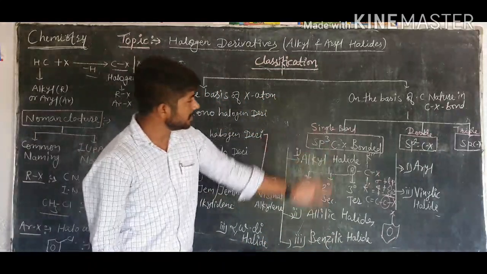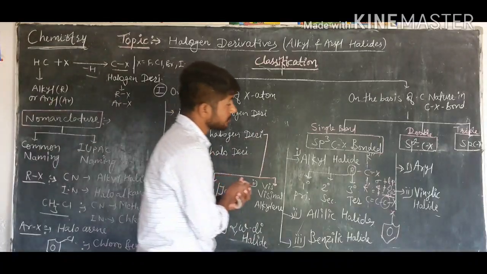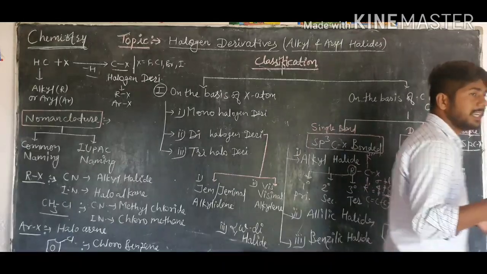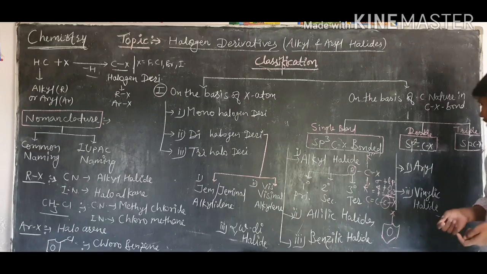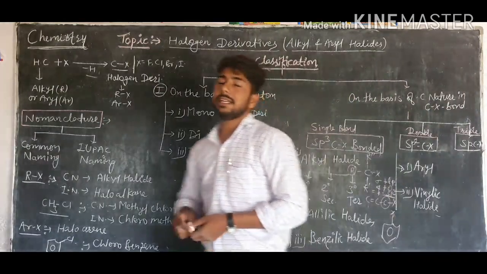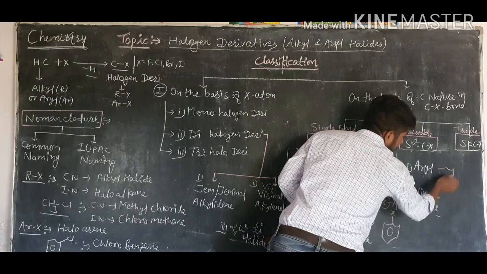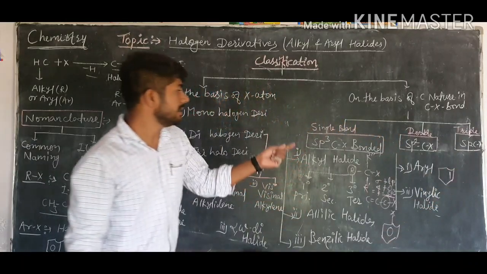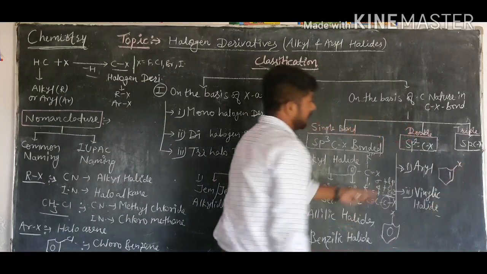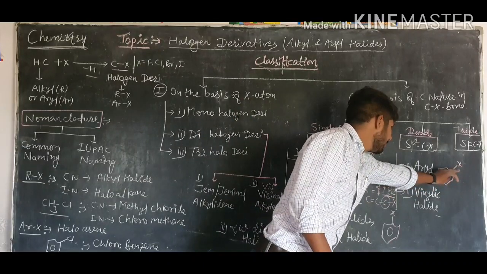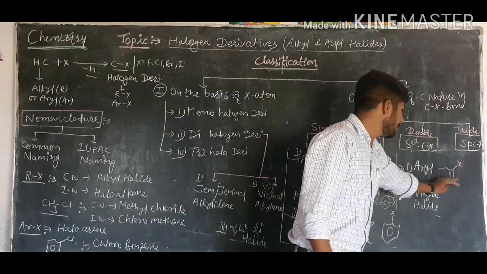Like this, the second type is sp2 C-X. In sp2 C-X halogen derivatives there are 2 types: one is aryl halide and the second is vinylic halide. Aryl halide has a double bond, and the halide is attached to the carbon which has the double bond; then this carbon has sp2 hybridization.